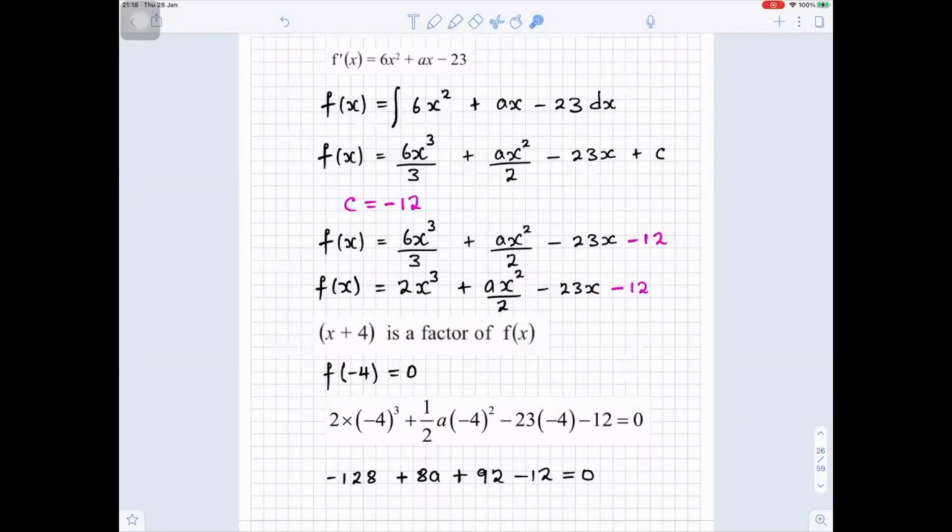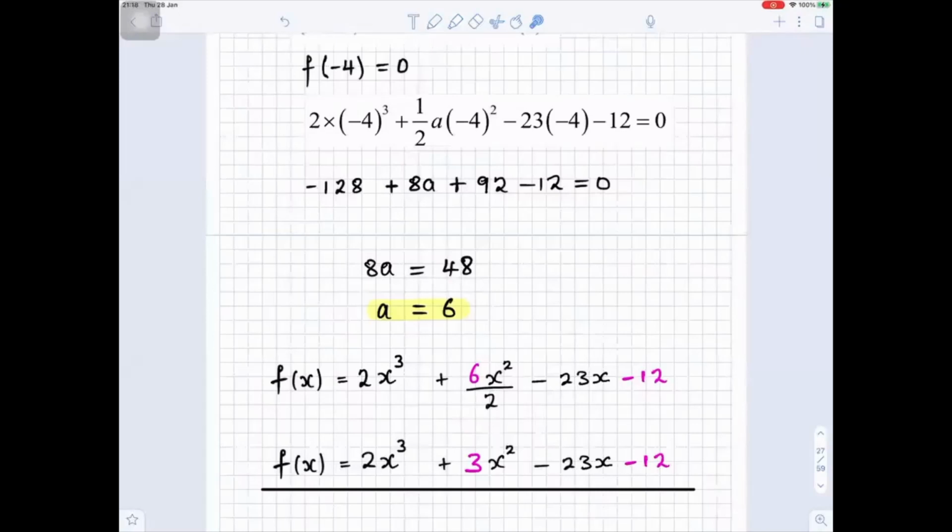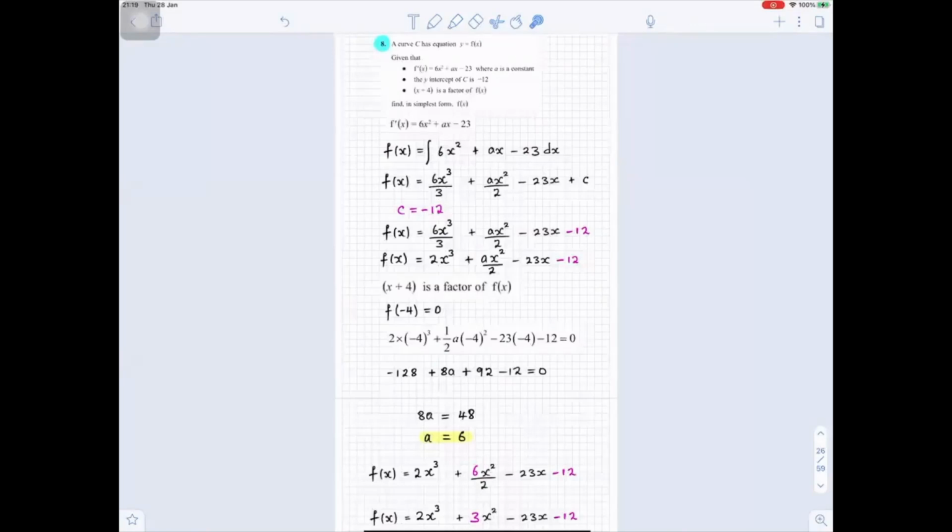When you solve that, you get minus 128 plus 8a plus 92 minus 12 equals 0. So 8a will be equal to 48 and a would be equal to 6. Now you sub in a as 6. So your function f of x is 2x cubed, 6 divided by 2 is 3, 3x squared minus 23x minus 12. That's what f of x is. So that's your complete answer for question number 8.